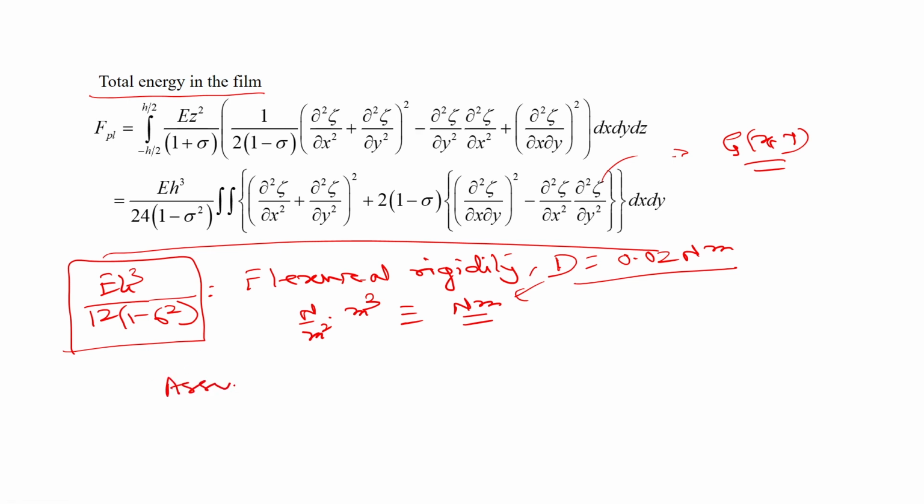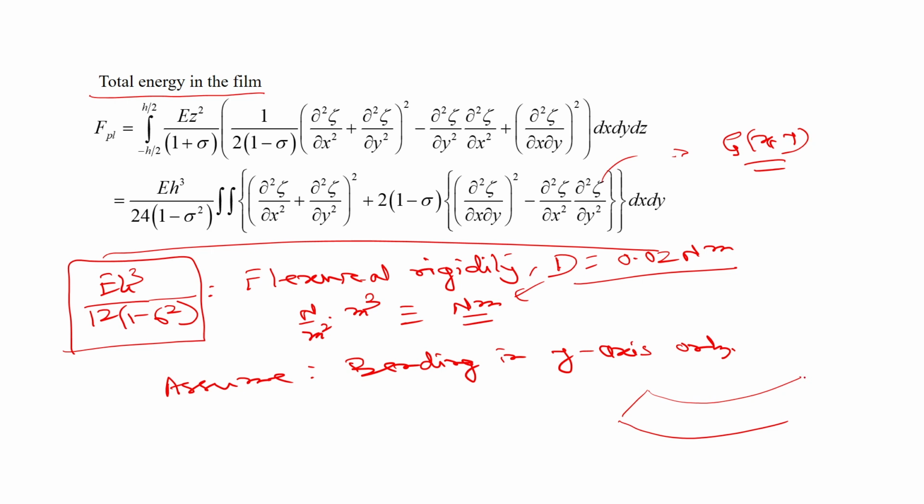So, this is the thin sheet, and it bends about the y axis, in this direction. So, the zeta along the y axis remains the same, so zeta varies only along the x axis.